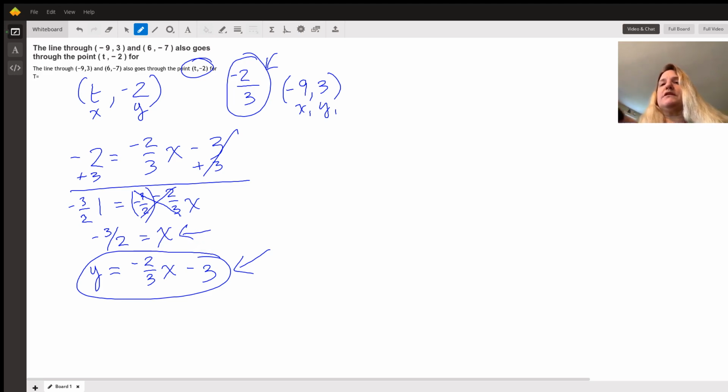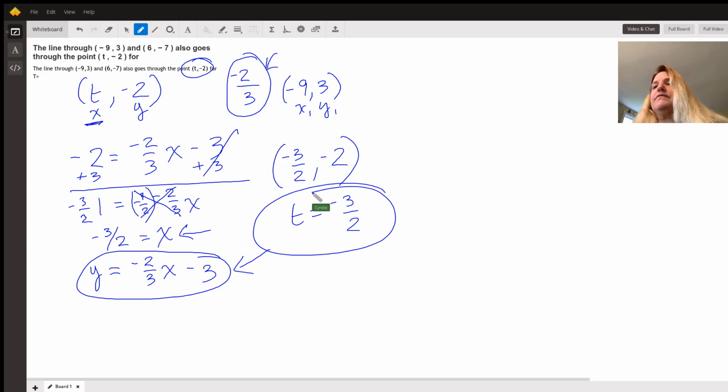In other words, that would mean our point was (-3/2, -2), meaning that your t, your x coordinate, which in this problem is being represented by t, equals negative 3/2. And that's it.